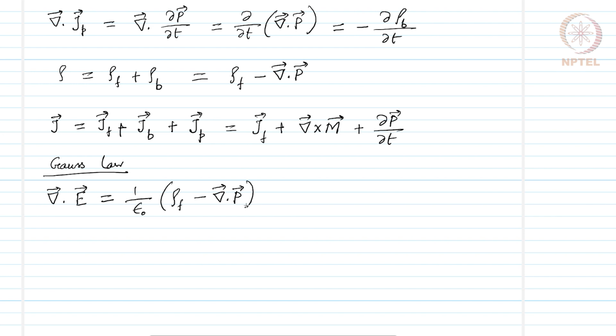So, this may be written as the divergence of the electric displacement vector equals rho f, where the displacement vector is given as epsilon naught times E plus the polarization vector. We have done this earlier and it does not change at all. Whatever we have done earlier remains here in the context of Gauss law.